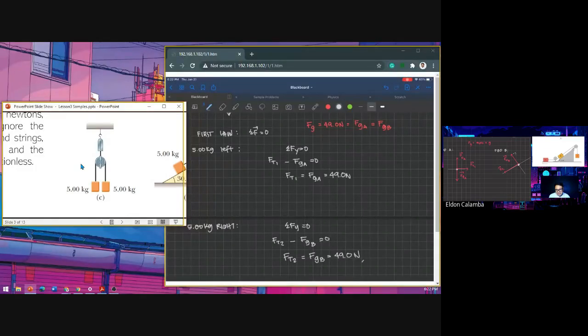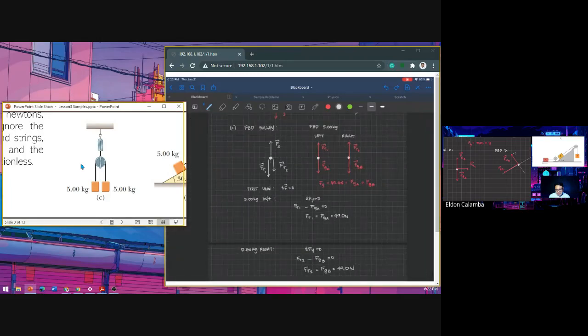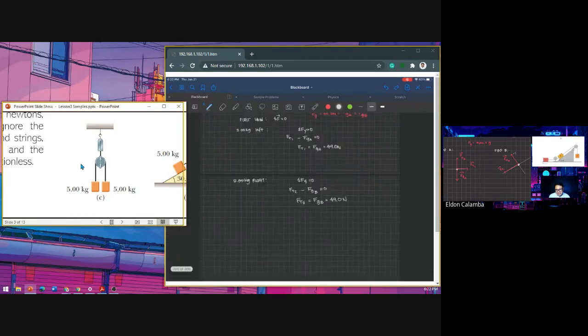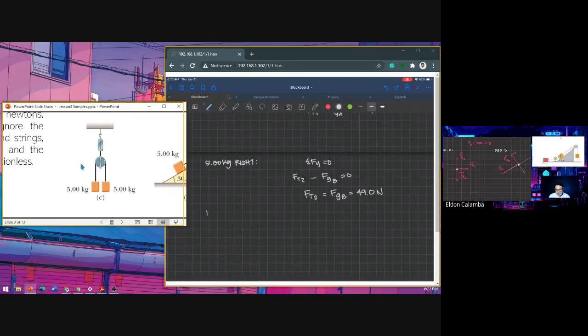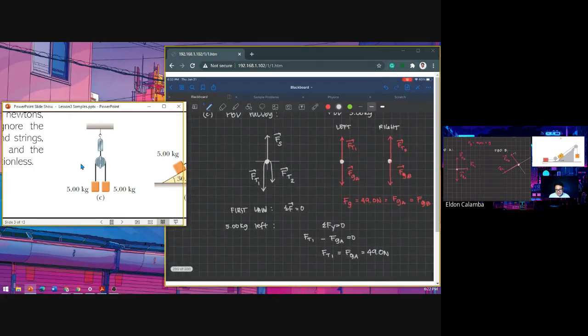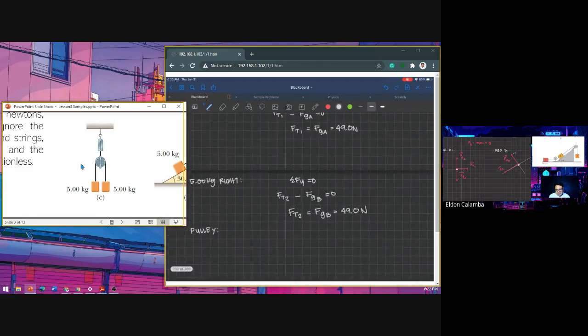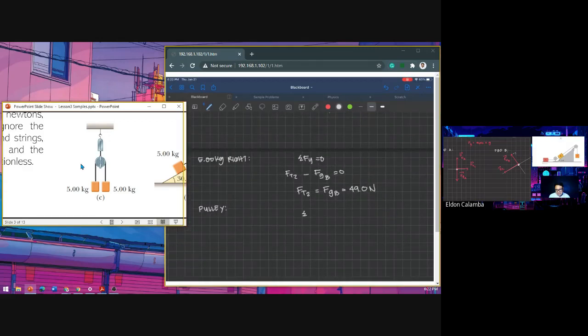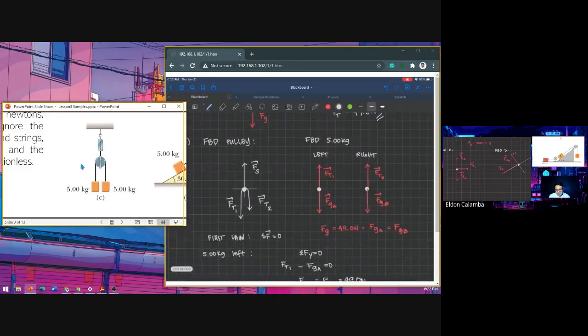Ayan. Next is, let's now use the free body diagram of the pulley. Kasi nandun ang reading ng ating spring scale. So using the FBD of the pulley, obviously, sa pulley, wala tayong X component. Puro tayo sa Y component. So summation of forces sa Y equal to 0. So you have Fs going up and then dalawang tension forces going down.